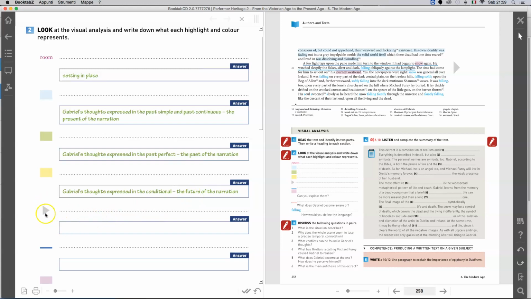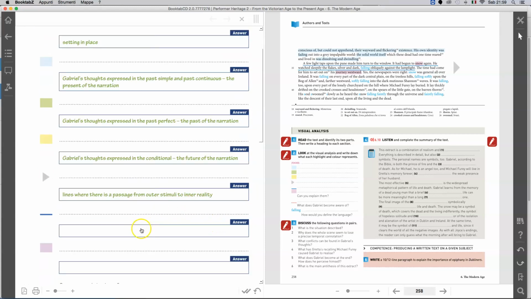The gray arrows are the lines where there is a passage from outer stimuli to the inner reality. So an event coming from the outside, which has an effect on the inner reality of the character.